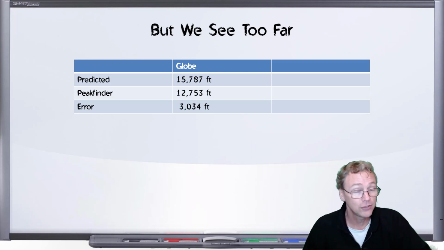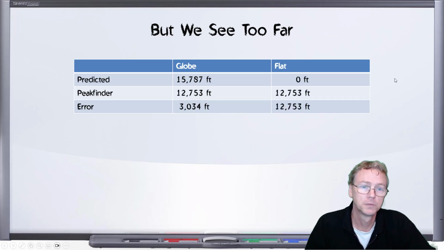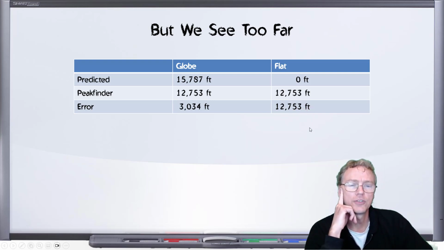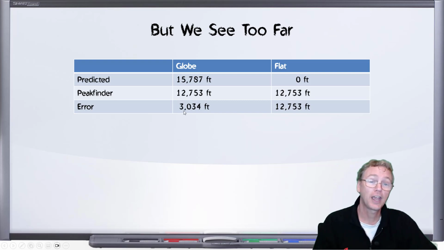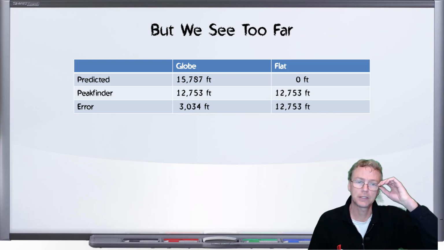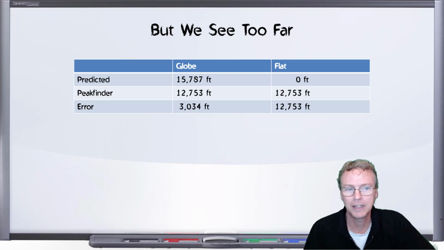Well, that is 0. Flat predicts 0, but Peakfinder showed 12,700. So the error for flat is 12,753 feet, compared to the error that we were appalled by, this 3,000 feet of error that the globe generated.